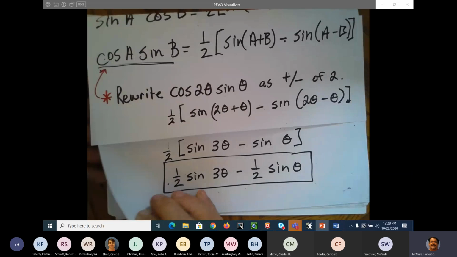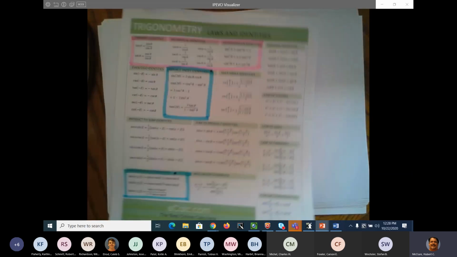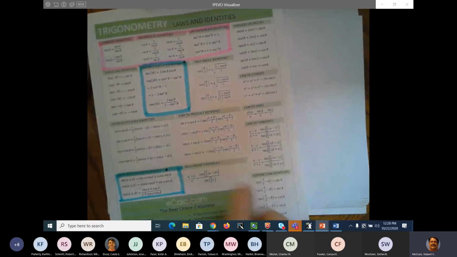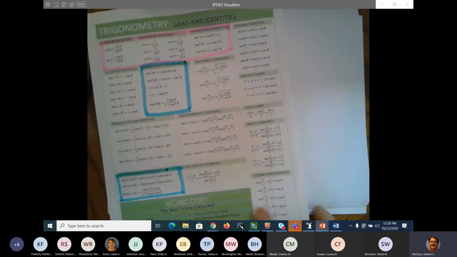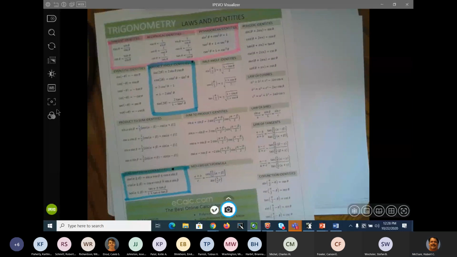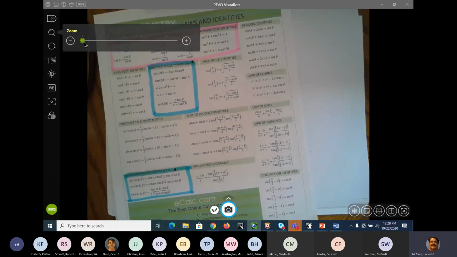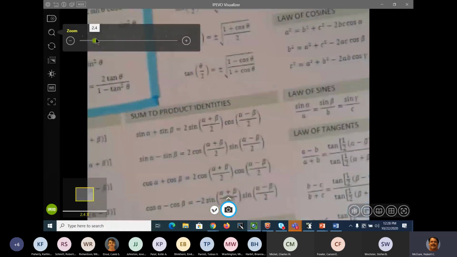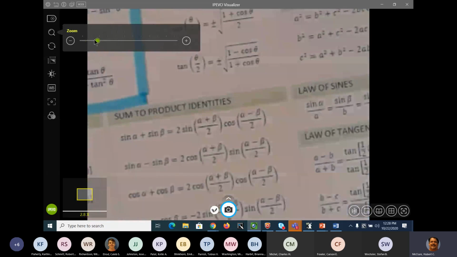Now, I want everybody to look. I'm not going to write these down, okay, because they're right here. Let's see if I can zoom in on that. Look at there. I tell you what, I'm amazed myself.